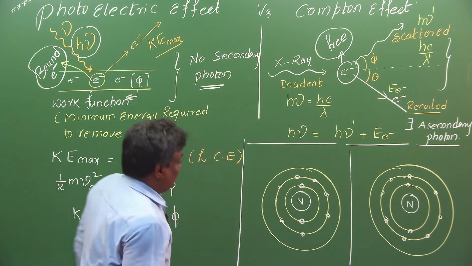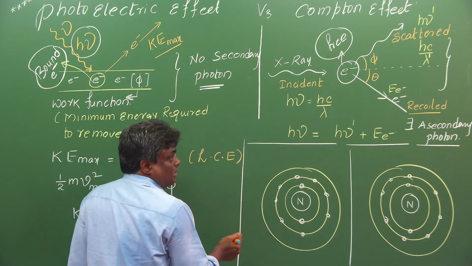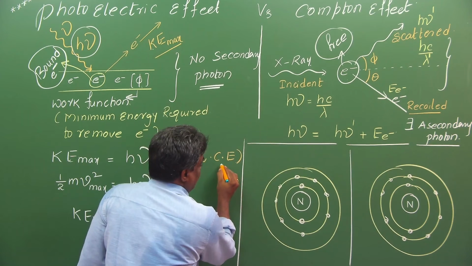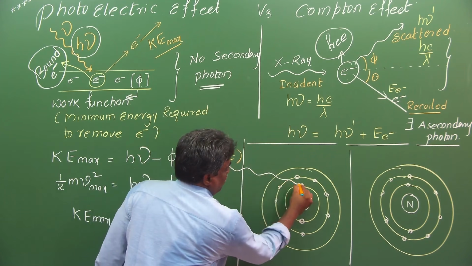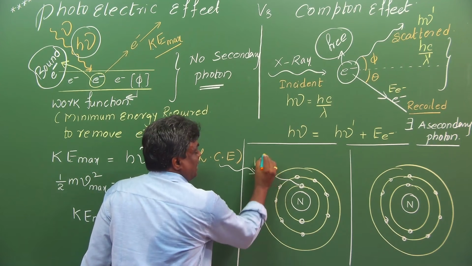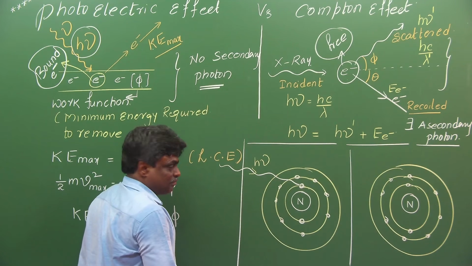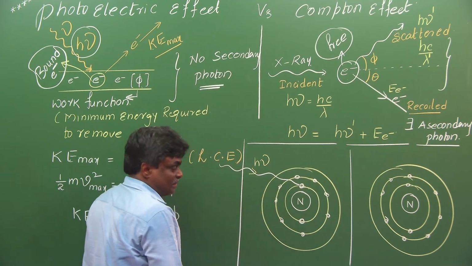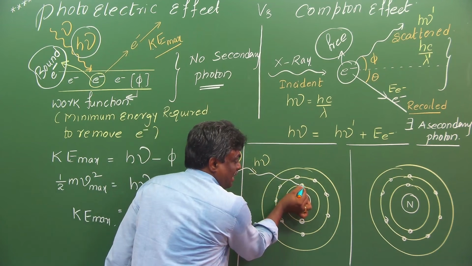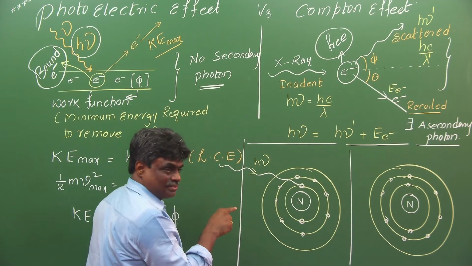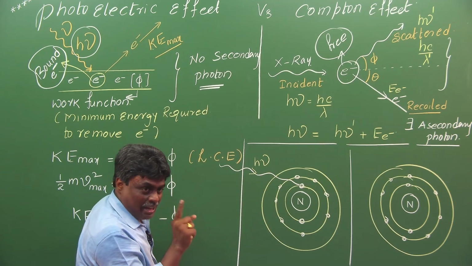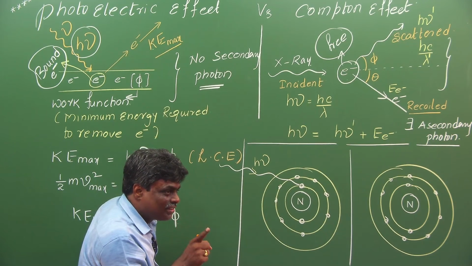Whenever you are sending this light like this, this is the energy you are sending, h nu. This h nu energy is interacting with the innermost electron. Are you understanding what I am saying? I used the word innermost electron.